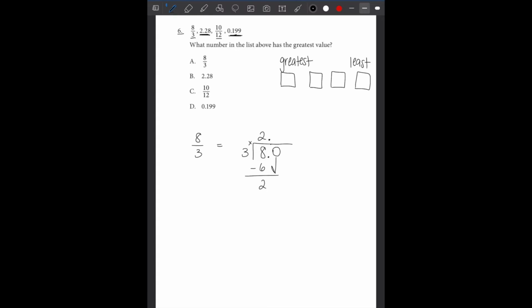We put a 0 for a filler, we bring that down, we get 20. 3 can go into 20 how many times? 6. 6 times 3 is 18, we get a remainder of 2. We can continue, but as you see, we're going to continue to get 6. So this is what 8/3 equals. 2.6 with that 6 repeating.